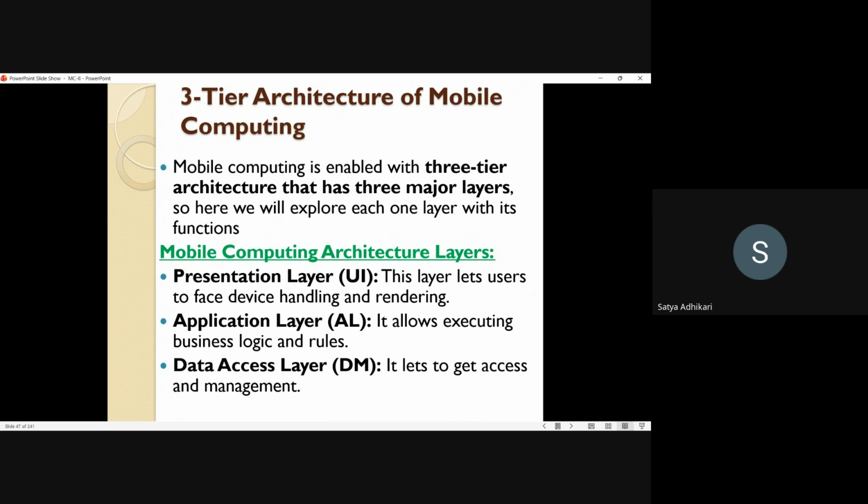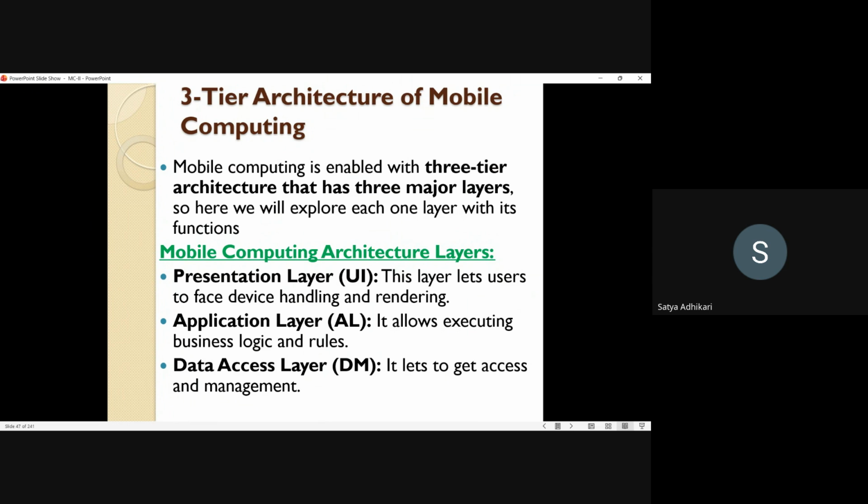The layer lets users face device handling and rendering. So this layer is close to the user. The application layer allows executing business logic and rules. There is some business logic for how the data is represented.